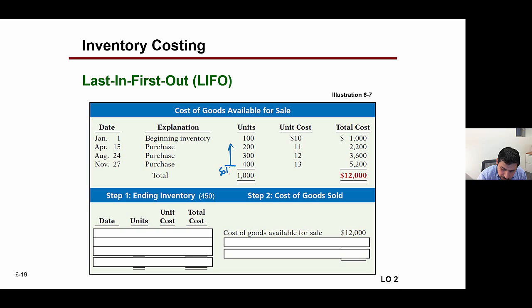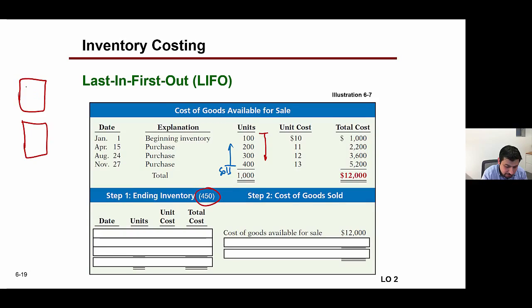Those are the sold ones, which means the ending inventory will be the other way around. You start to calculate the ending inventory from the earliest ones, and then you move forward. This is the same example. So we have 450 units. Again, we have the 4 buckets.